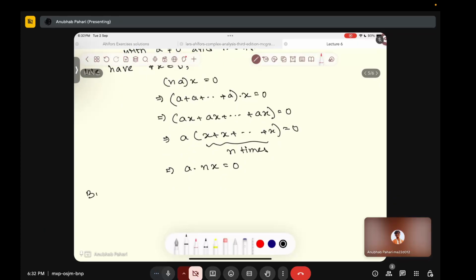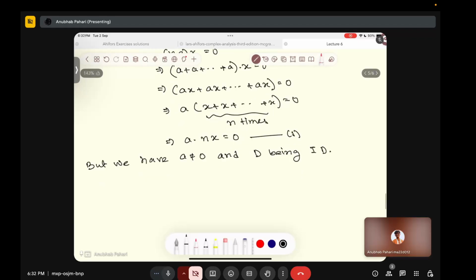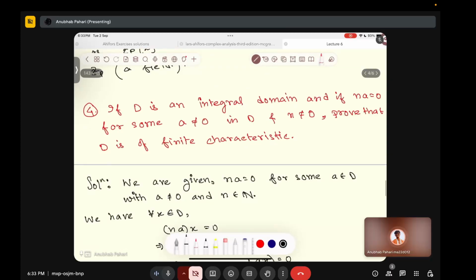But we have a not equal to 0 and D being an integral domain. So if I note this by 1, then 1 implies nx equals 0, and your x was arbitrary.